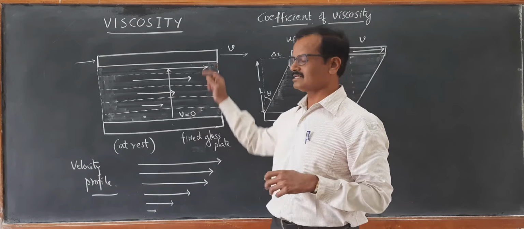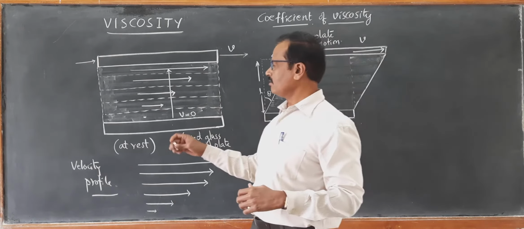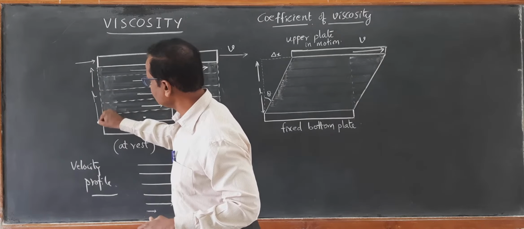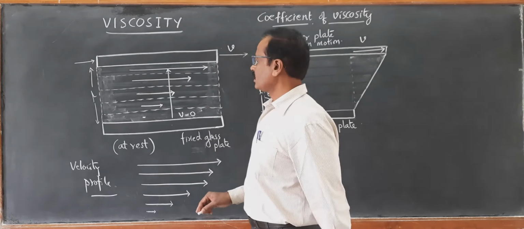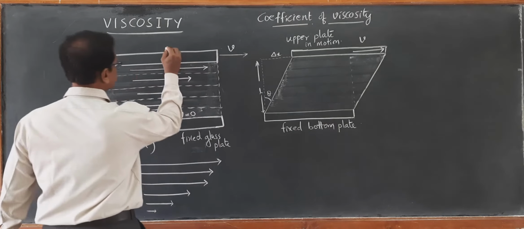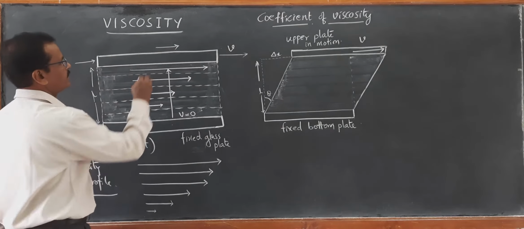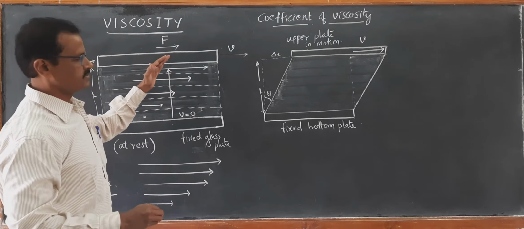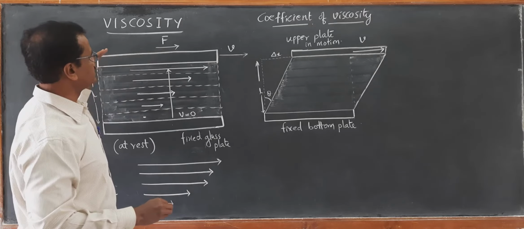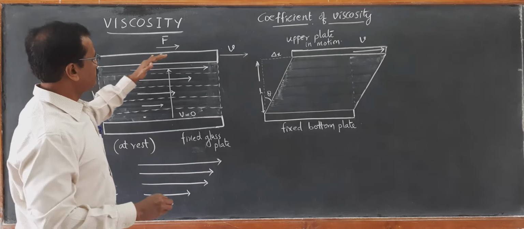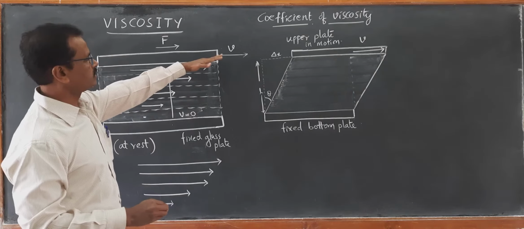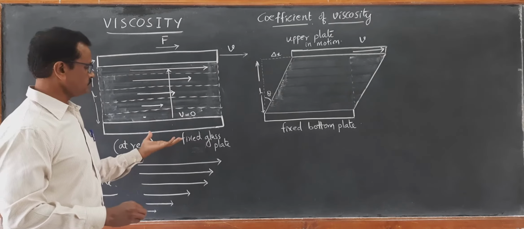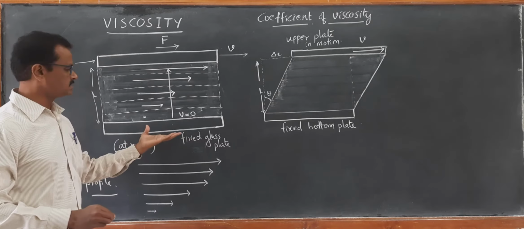In between these two glass slides, we have taken a liquid of thickness L. The upper glass slide is pushed with a force F, so that the slide is set into motion with velocity v, keeping the lower glass slide fixed. The lower glass slide is not moved.